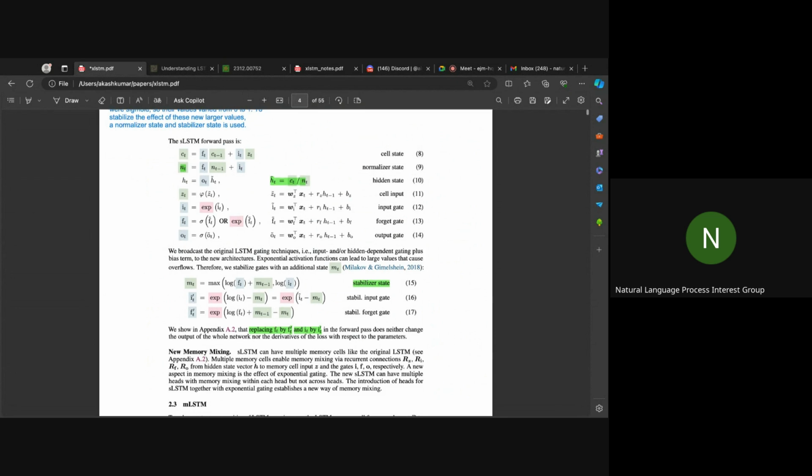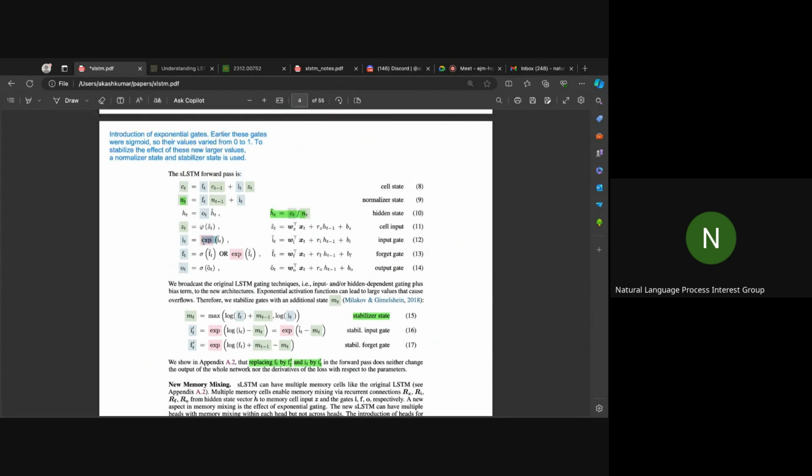Now talking about the exponential gates. Till now, in all the operations, sigmoid was being used as the non-linearity in the gates of the LSTM architecture. Now the authors have replaced it with the exponential function.